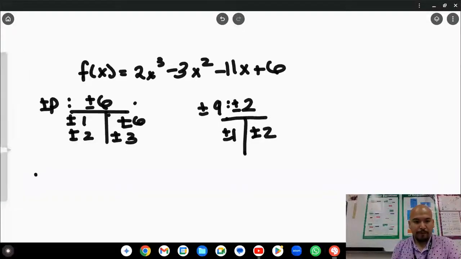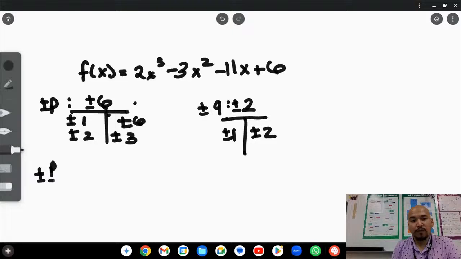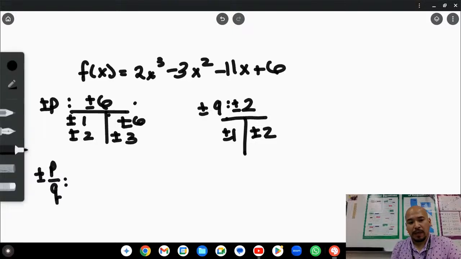So now, using the rational root theorem, I'm going to divide the factors of 1, 2, 3, and 6 by 1 and 2, because all the p values have to be divided by all the q values.